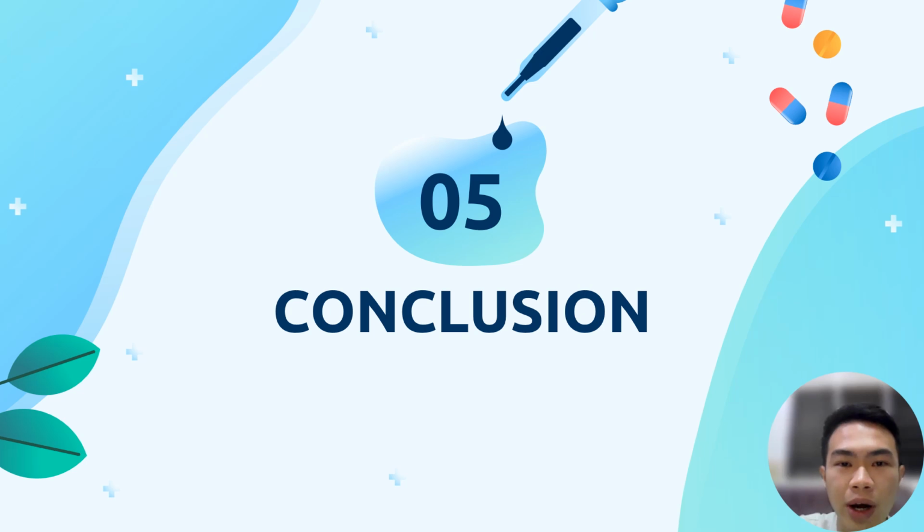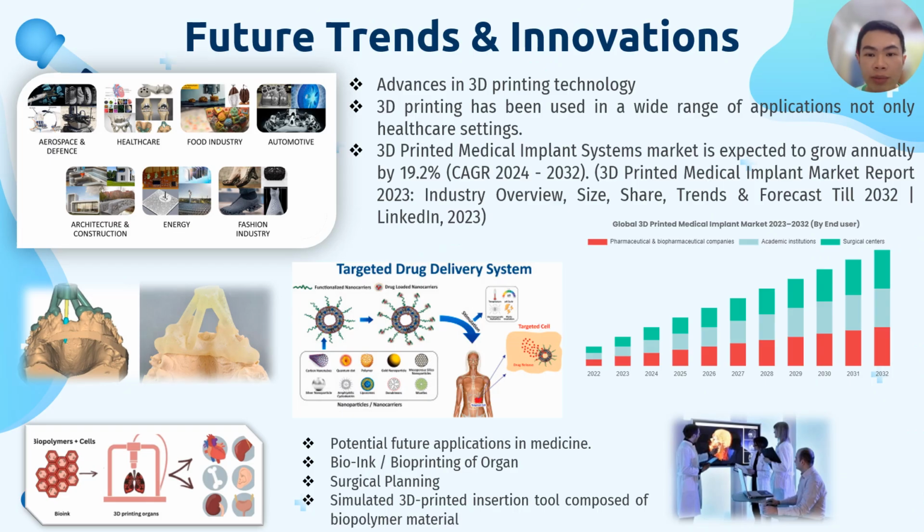Last but not least, I will explain the conclusion for the title that we are presenting, which is 3D printing techniques on medical implants. The future trends in medical implants and careers would be implemented by 3D printing techniques. As far as we are concerned, 3D printing technology is advancing not only in the medical or healthcare career, but also in aerospace, the food industry, and automotive, like implementing new polymers from 3D printing techniques to replace the polymers normally used in car interior materials like the car dashboard.